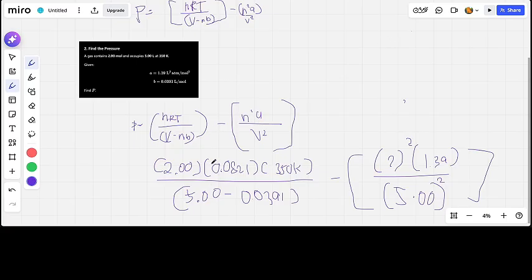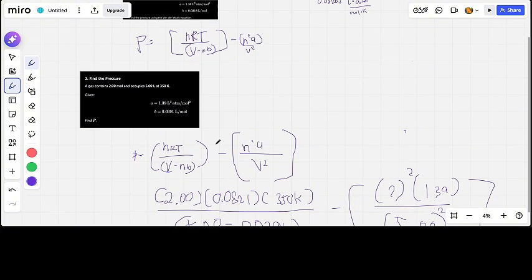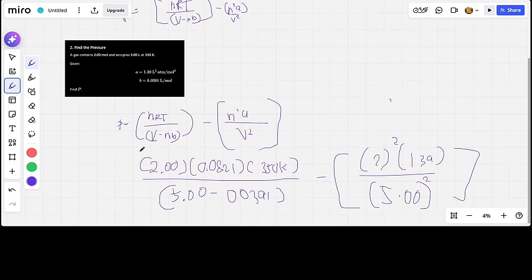This is the constant, n is 2.00 moles, 350 K, V minus nb, 5.00. So maybe, okay, maybe they're rounding it off.